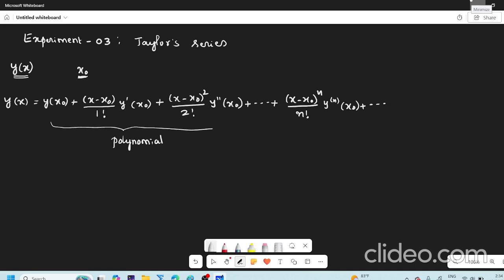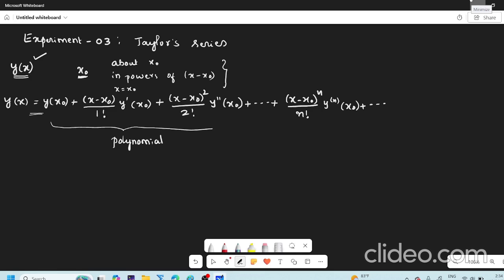This Taylor series is sometimes called the Taylor series of the function y of x about the point x naught. Sometimes we say this is the Taylor series expansion of the function about x naught, or in powers of x minus x naught, or the Taylor series expansion at x equal to x naught.